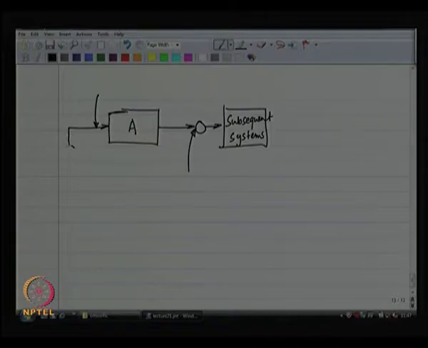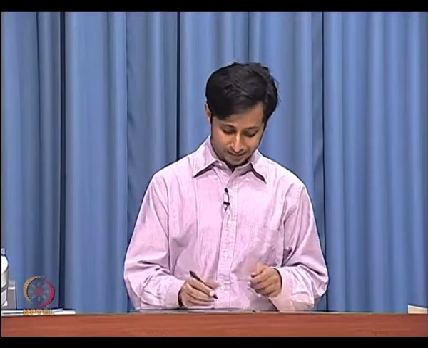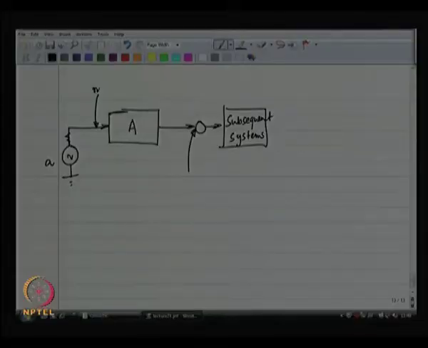So, think of this. I have got a signal coming in. Let us say the signal has an amplitude of small a. Let us say the input referred noise for the first amplifier is small n, the amplitude of the voltage coming into the first amplifier is small a.